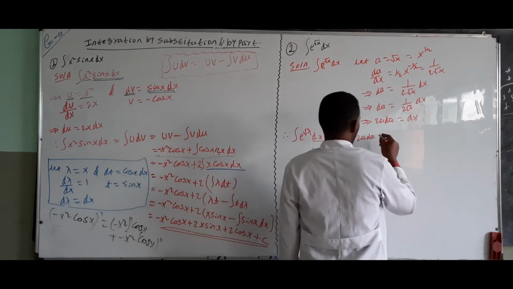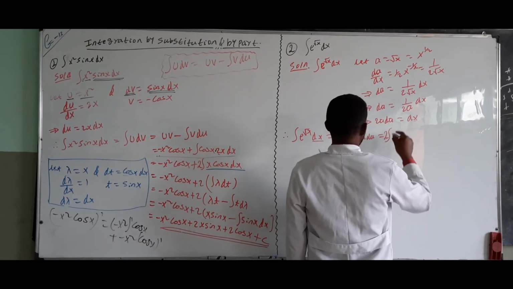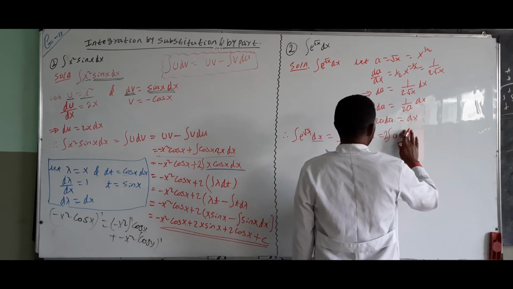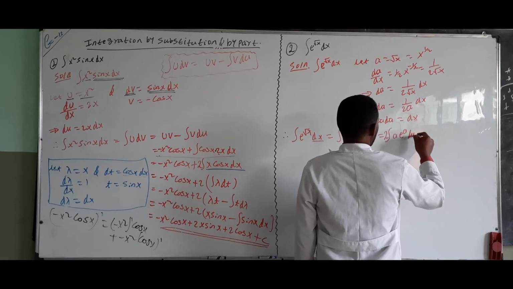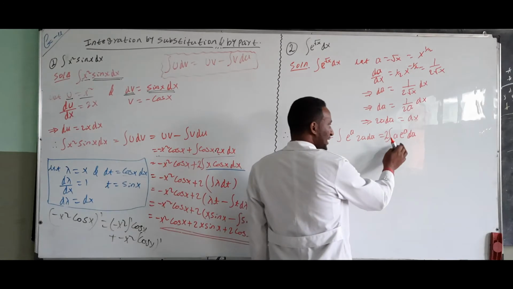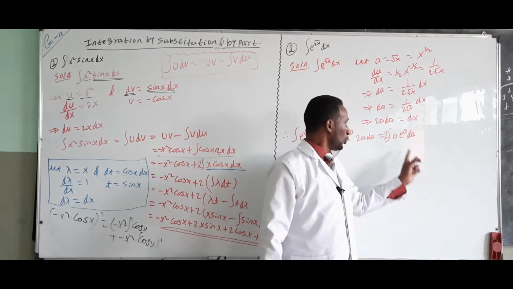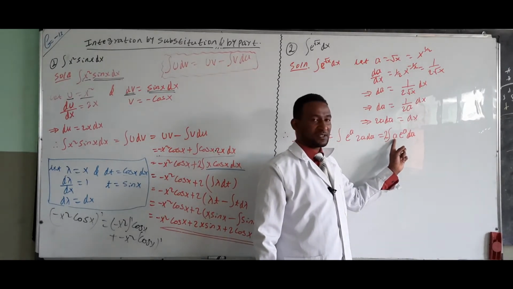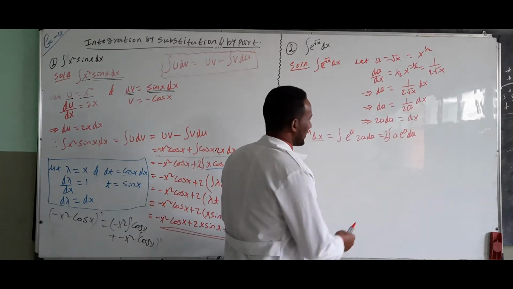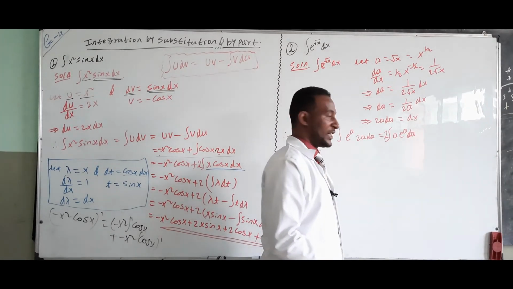This is equal to the integration of 2 times a times e to the power of a dA. Okay, in this integral we have two different functions, a and e to the power of a. Therefore, in this integration we have to use integration by parts.